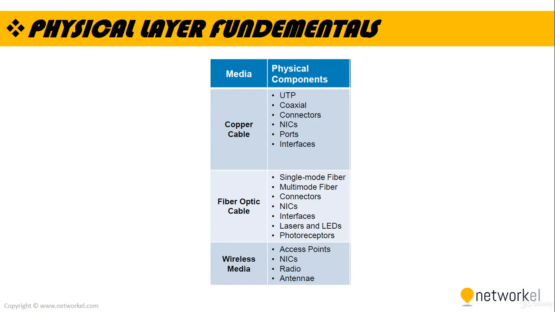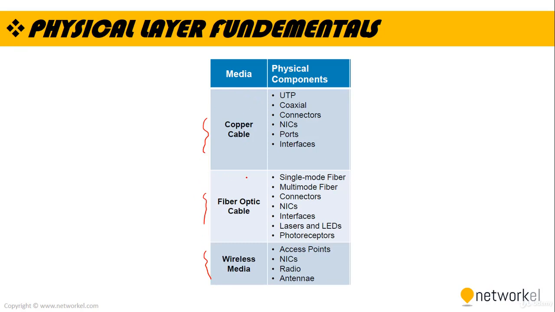And here are the fundamentals of the physical layer. We have three media. The first is copper cable, the second is fiber optic cable, and the third is wireless media.